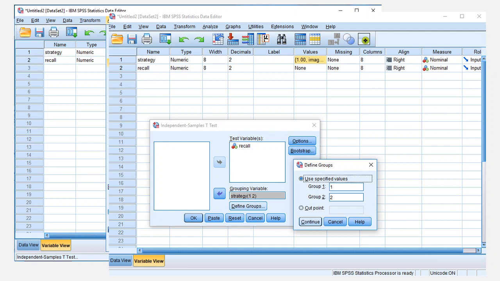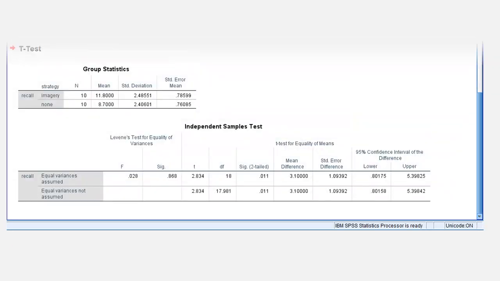But you do need to go in and click that Define Groups button, enter groups 1 and 2, and hit Continue. Then from there you hit OK, and this is the output for your independent samples t-test. You can see at the top that you have that descriptive information. You've got your N for your two groups, the mean in your two groups. You can see quite clearly that the imagery group has a higher level of recall just based on the means. Standard deviation, which is related to the variance, looks quite similar.